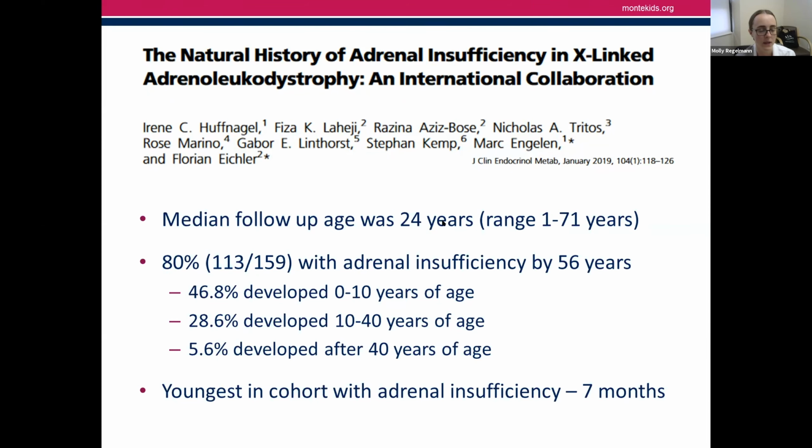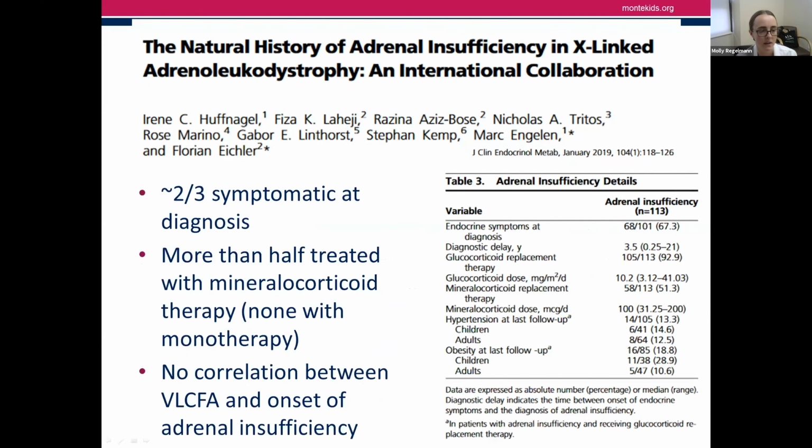So it was an older group. They found that 80% of their patients had adrenal insufficiency by 56 years of age, and most had developed it during childhood. The youngest in their cohort was 7 months old with adrenal insufficiency. The other thing that I think is really important to point out is that 2/3 had symptoms at diagnosis, and there was a pretty significant diagnostic delay based on history, up to 21 years.